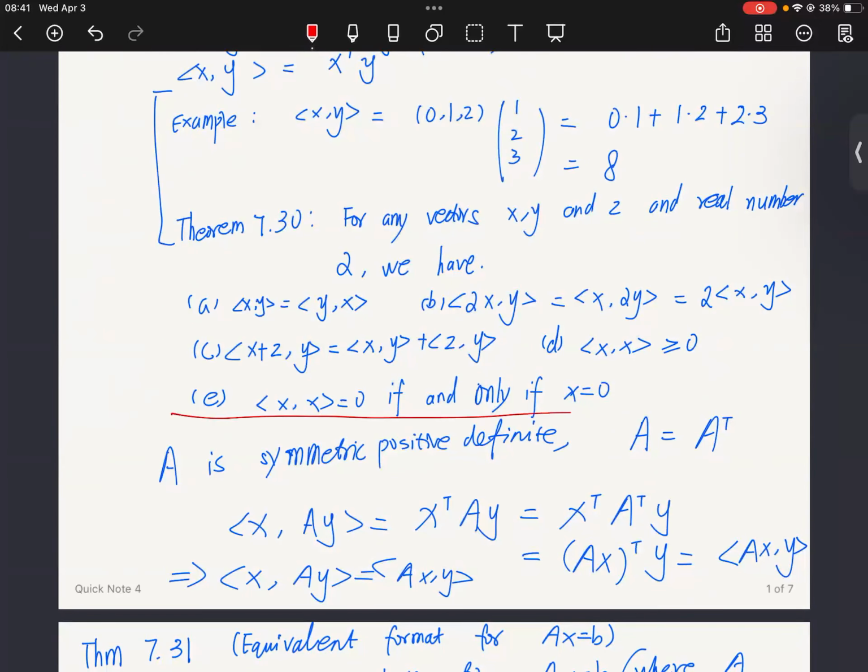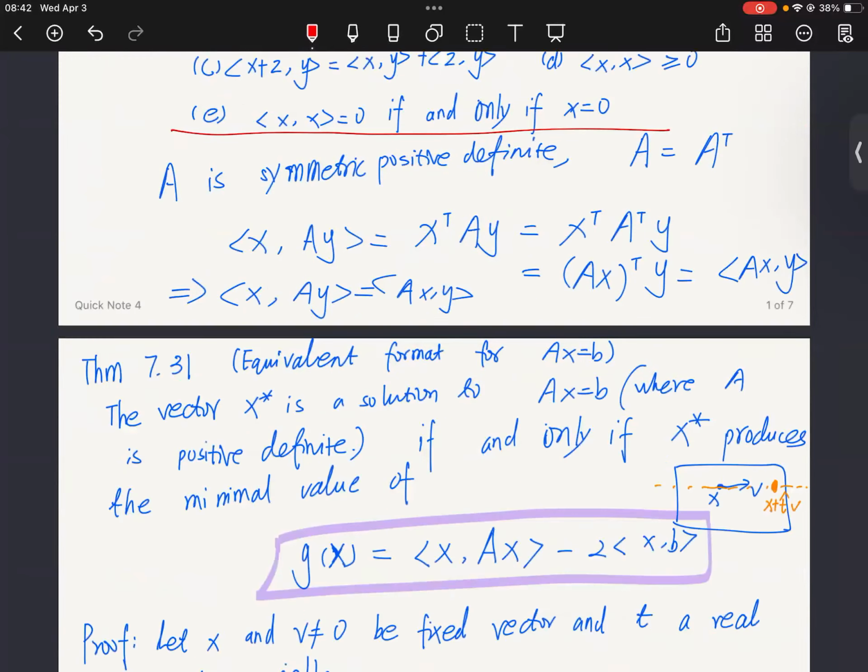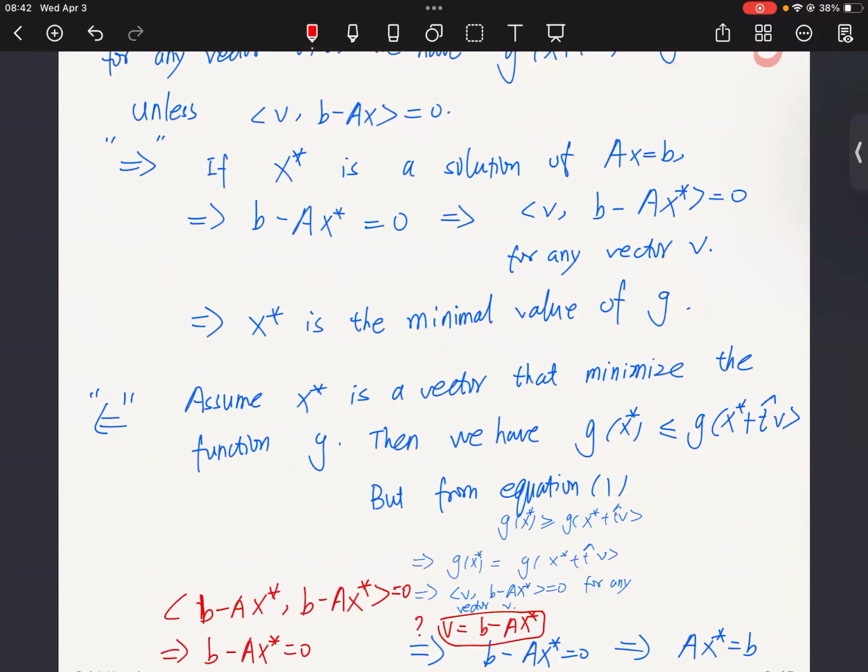So this is very important. And now we have proved both directions. If x is a solution of the linear system, then it's a minimal value of g. And if it is a minimal value of g, then it should be the solution of the linear system. Any questions here?